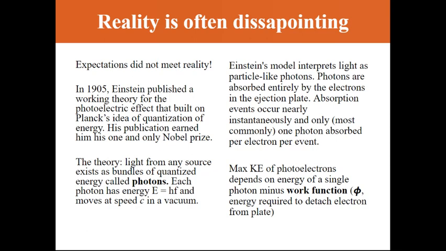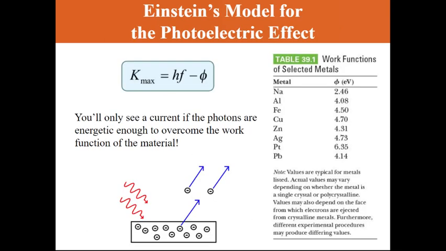So whatever energy they have left over after overcoming the work function goes into their kinetic energy. So the max kinetic energy of a photoelectron is all the energy it gets from absorbing a photon, that's h times f, minus the energy spent in overcoming the plate's binding energy.